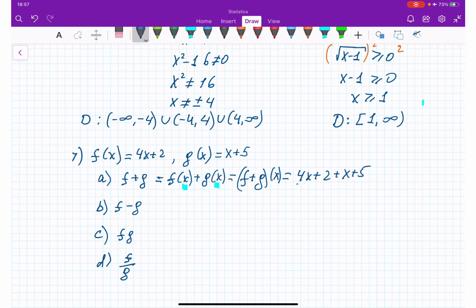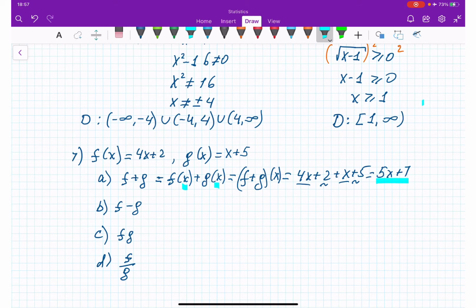So like terms: 4x and x, 2 and 5. We are getting 4x plus x, 5x, and plus 7. So this is my result, 5x plus 7.